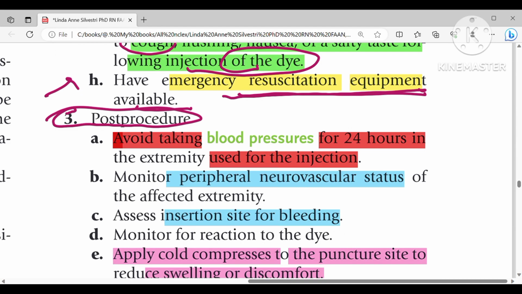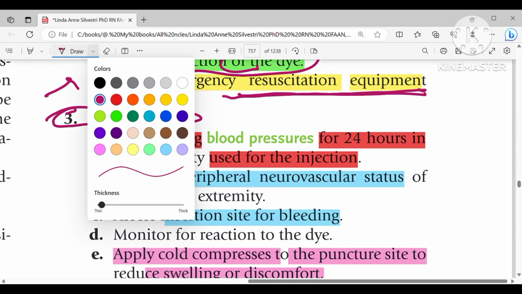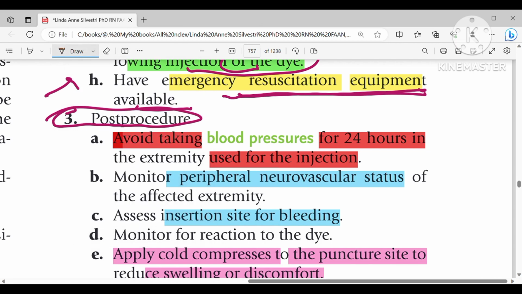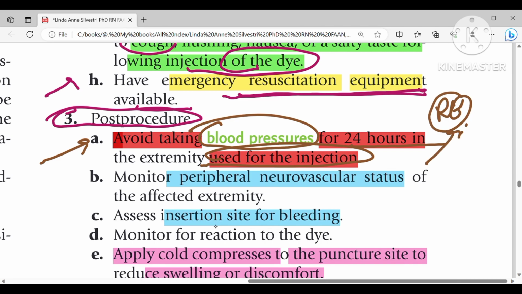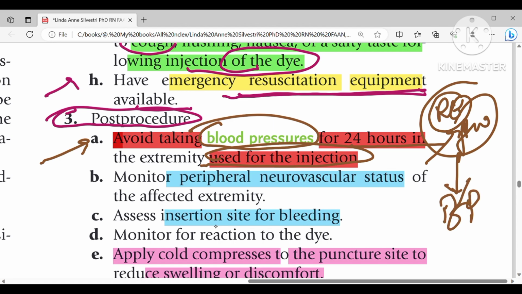So post procedure, there is an important point. What is that important point? Avoid taking the blood pressure for 24 hours in the extremity used for injection. Like whichever extremity, say the right hand, the right antecubital vein we have used for the procedure, in the right hand you should not check the BP.